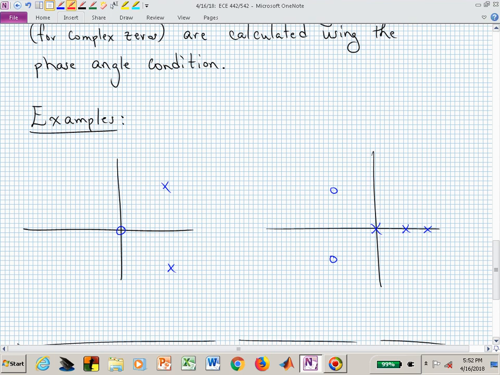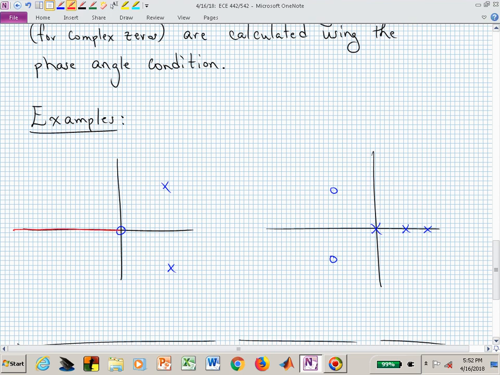We have 2 real line segments, one in the positive and one in the negative. Do they both belong to the root locus? Which one belongs to the root locus, the right or the left? It has one pole and 0 to its right, doesn't it? So now we know that part of our s-plane belongs to the root locus.